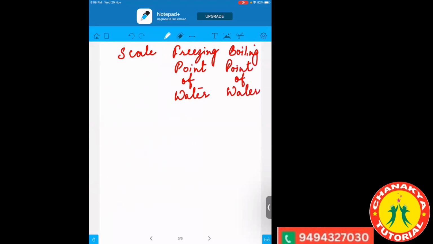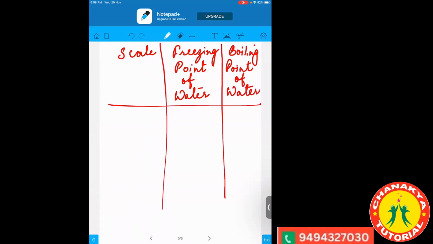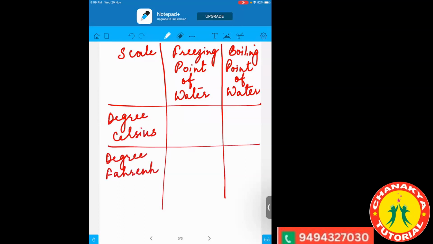This is the easy way to learn. You have to make a table like this. The name of the scale we should write here. First I'll write degree Celsius, then secondly the degree Fahrenheit, and then the last one is the Kelvin scale.